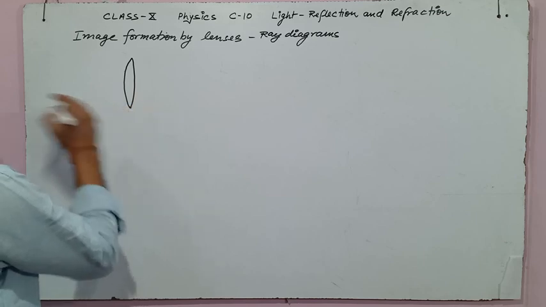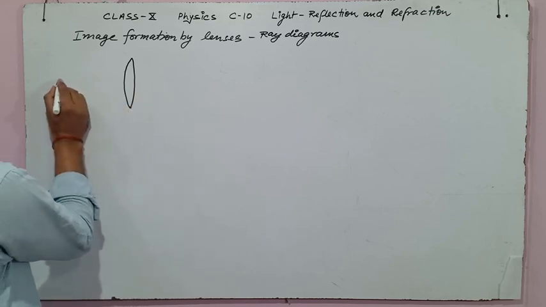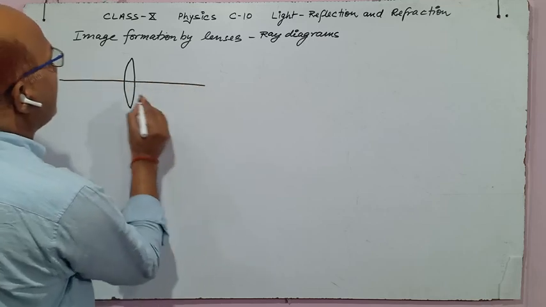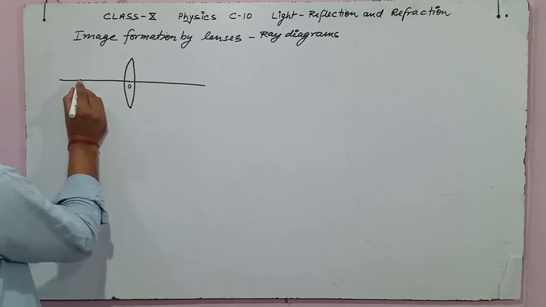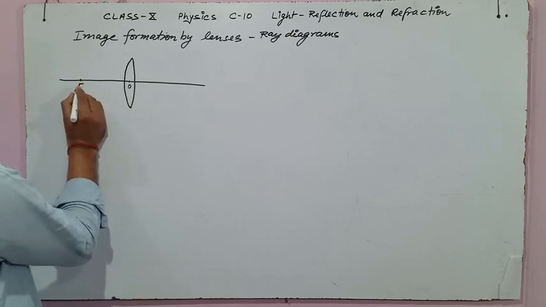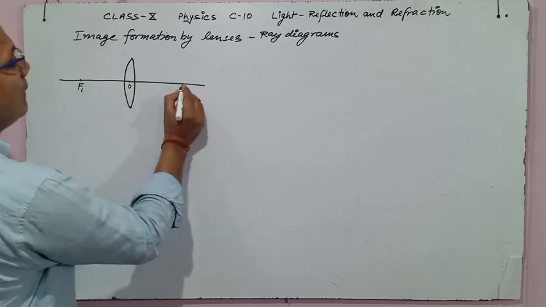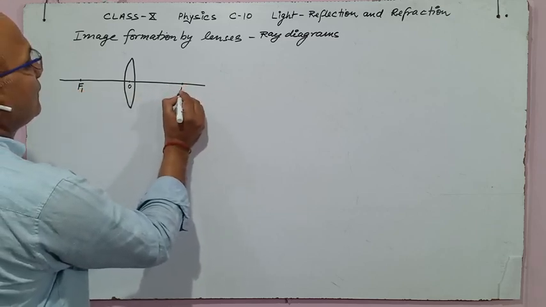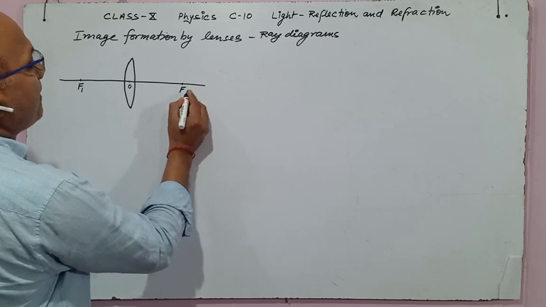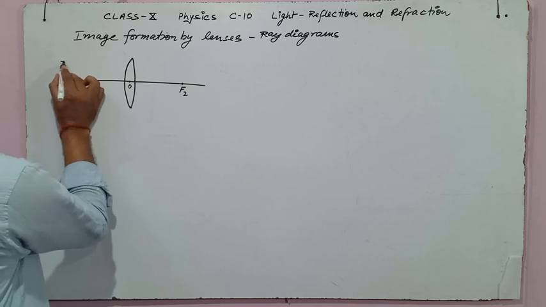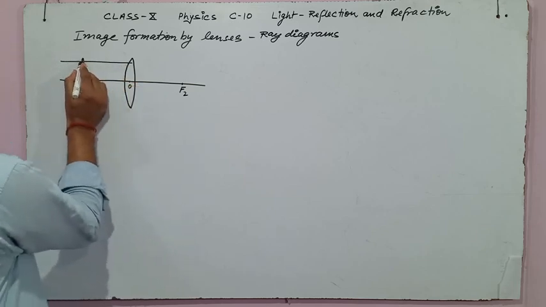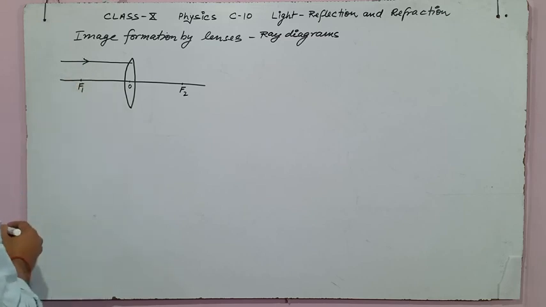As you know, this is convex lens. This is focus. It is ray of light coming from object and it is parallel to the principal axis.